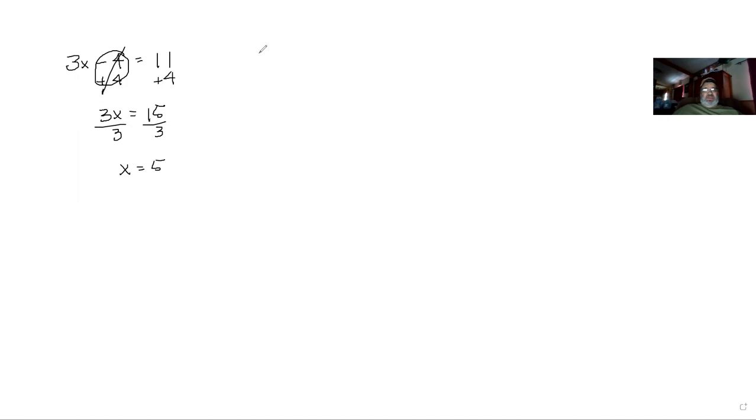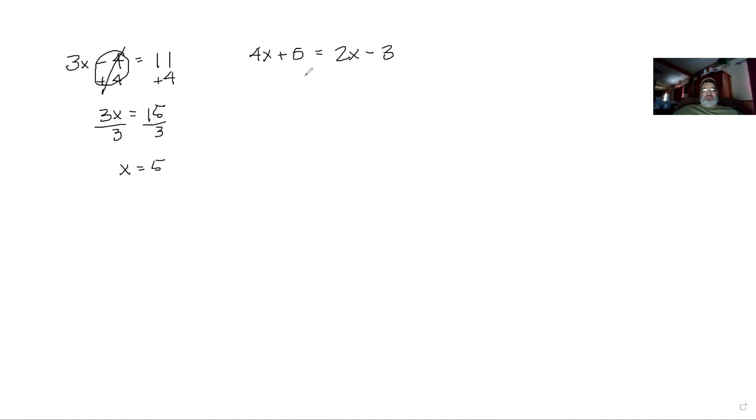So let's say we had, how about 4x plus 5 equals 2x minus 3. Well, the first thing we need to start doing here, remember the end game is still the same.